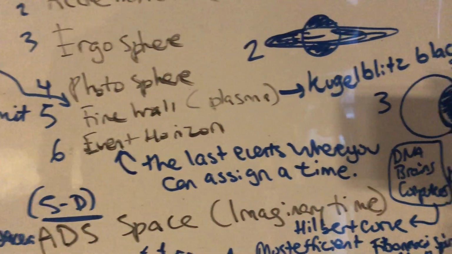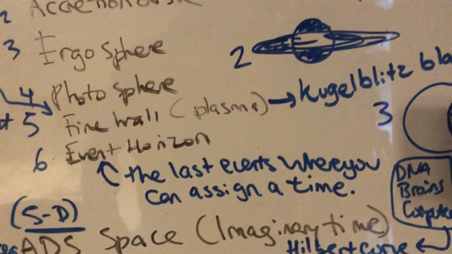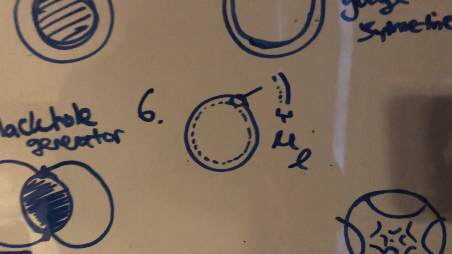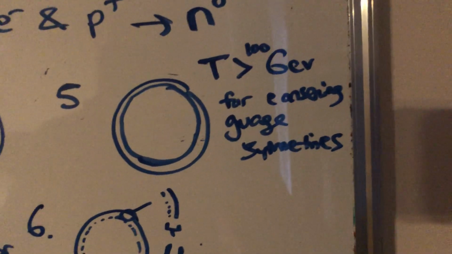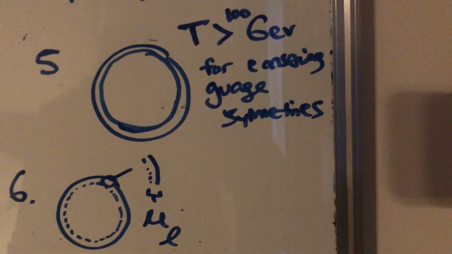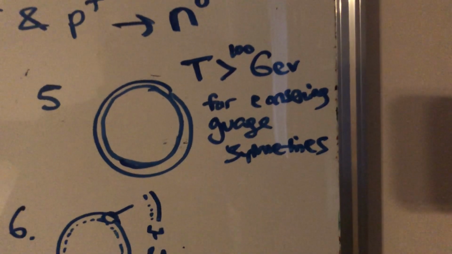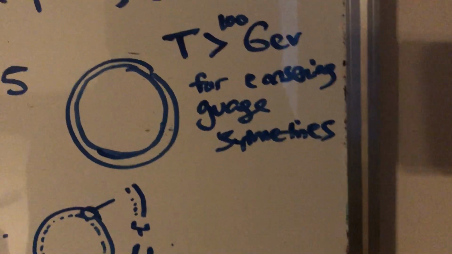That created this problem called the firewall, which basically said that information was going to get lost on the surface of the black hole, because there's an area incredibly close to it where, as when I was talking about the phase split for the electric phase transition, you have very high energy, you lose all the gauge symmetries and physics stops making sense, and therefore you can't preserve information classically in the way that we would think about it. So it's basically like the hottest plasma you can think of.